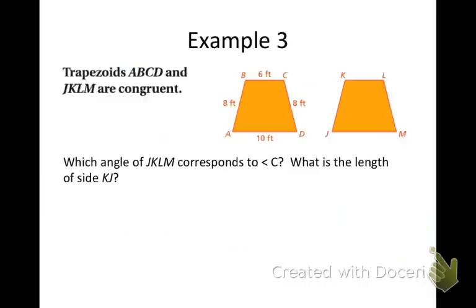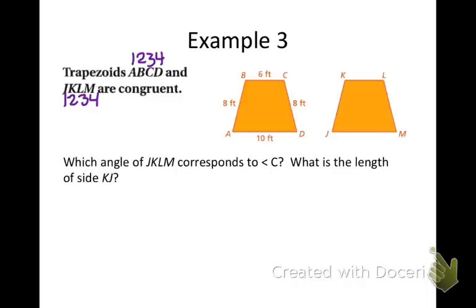Final example, these two trapezoids, ABCD and JKLM, are congruent. So they're also oriented the same, which makes it a little easier. We didn't have to do any kind of transformation to flip it, rotate it, or anything to get it in order. And they've named them for us, so that makes it a lot easier too, because we can simply come up here and look at the letters 1, 2, 3, and 4. 1, 2, 3, and 4.